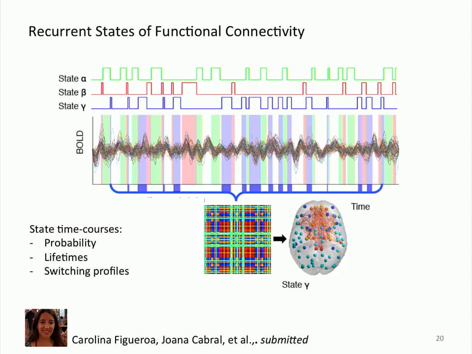With this you can calculate the probability, which is the number of times it appears, the lifetime, so the number of consecutive epochs that that state dominates, and the switching profile. So it's the probability, once you are in the blue state, of switching to the green state or to the red state. So you can have a trajectory in this state space. You can imagine this cloud, and we see how we are flowing through the cloud.